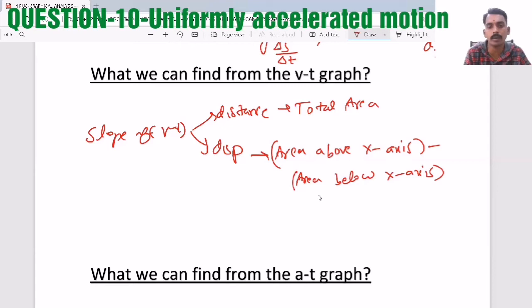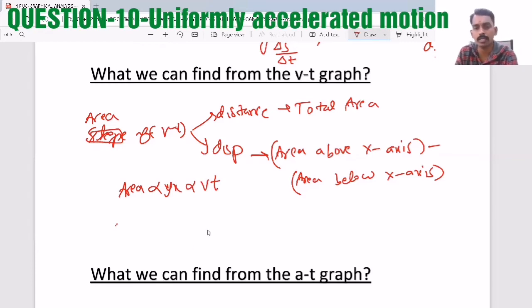That means positive area minus negative area. That gives the total displacement. Sorry, here not slope, it is area below. Please correct it. This is area, because the area of the graph is proportional to y into x, proportional to v into t. So velocity into time means distance or displacement.